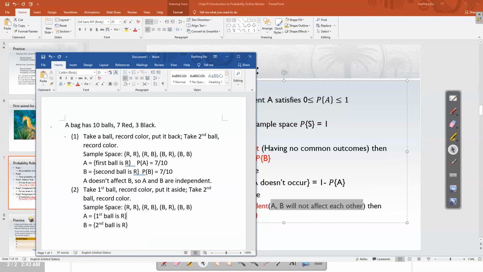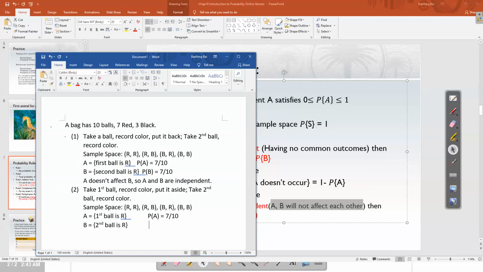And now let's see the relationship between A and B. What's the probability of A? First ball is red. How likely is that? So when you take the first ball, how many balls are red? 7. How many balls are there total? 10, right? So 7 out of 10.